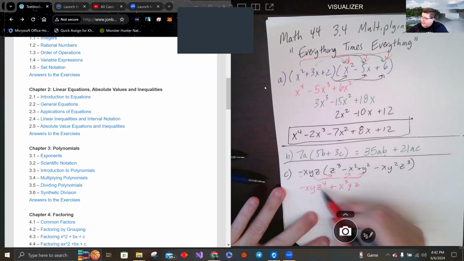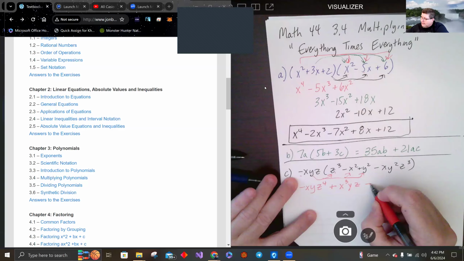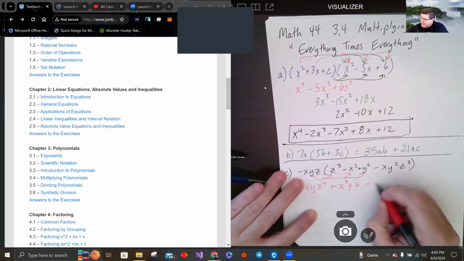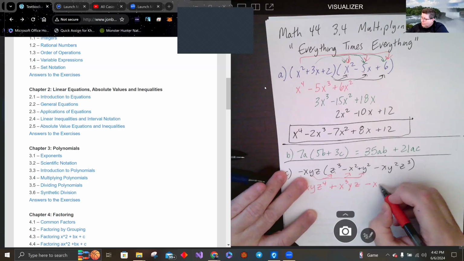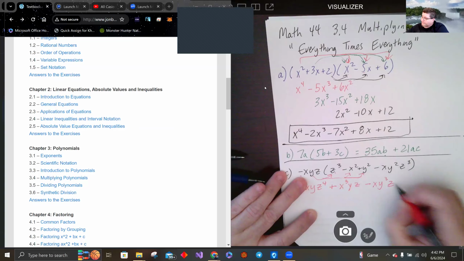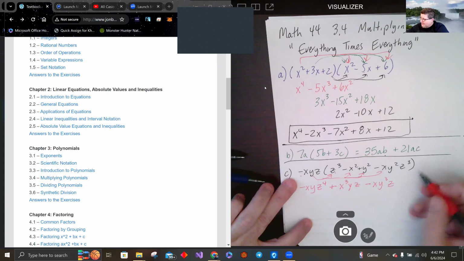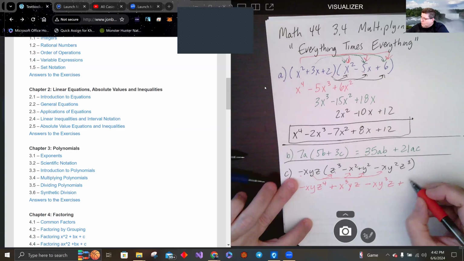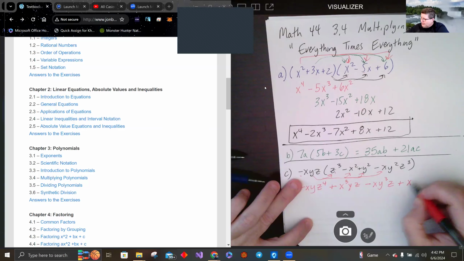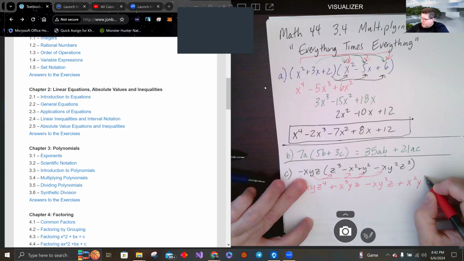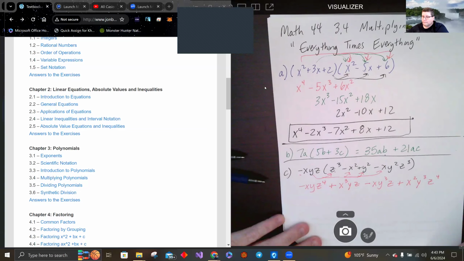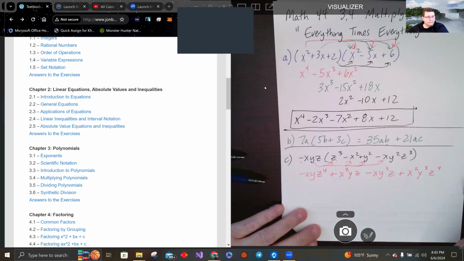Here I do it, and it's negative, and there's no x. There is a y, so I'll add the exponents on the y, and we've got z. And finally, negative times negative is positive. We'll add the exponents. We've got an x squared, we've got a y cubed, and we've got a z to the fourth power. That's it on that one.